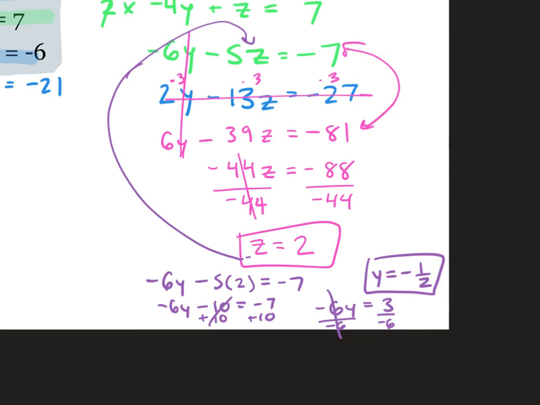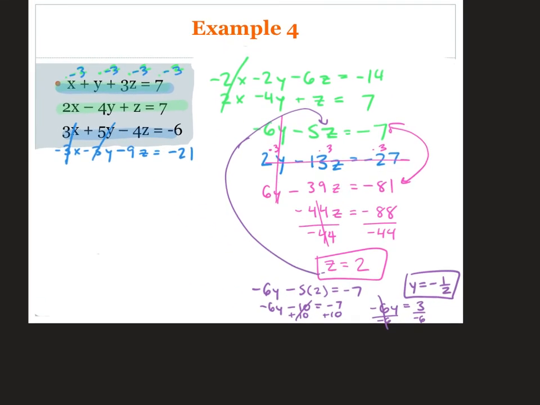So we got our z and our y. How do we find x? Plug it into the original. Which one? Sure, let's plug it into the first. So we have x plus negative 1/2 plus 3 times z. 3 times 2 is equal to 7.